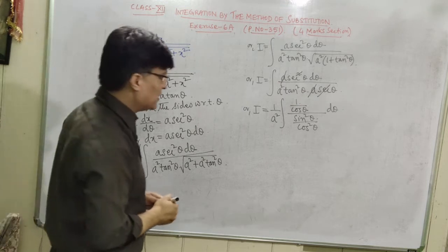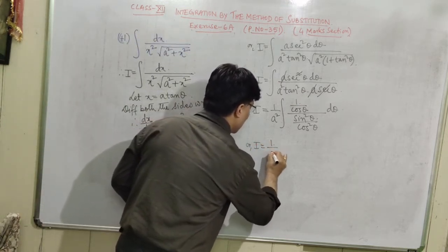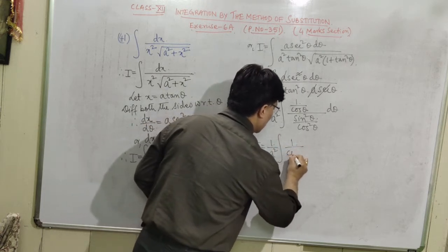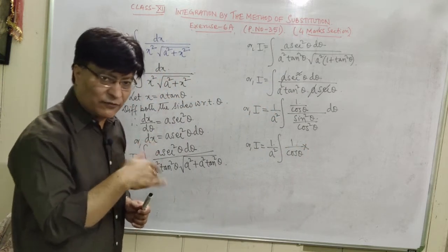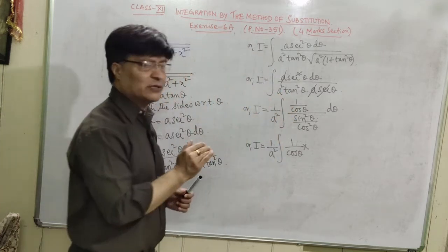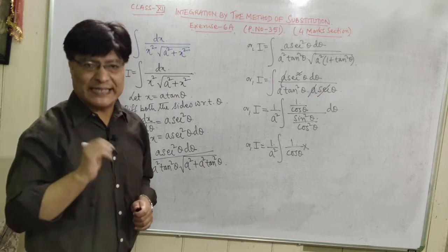So now let us simplify it. I is equal to 1 upon a square integration of 1 by cos theta into, now you can invert. When the fraction in the denominator goes up in the numerator, it becomes upside down.